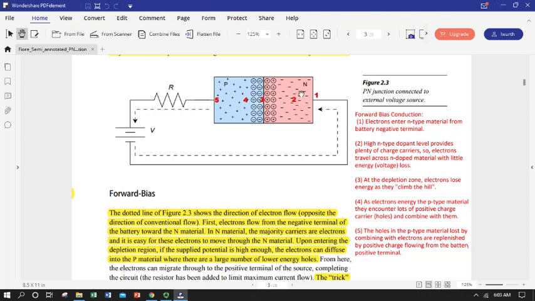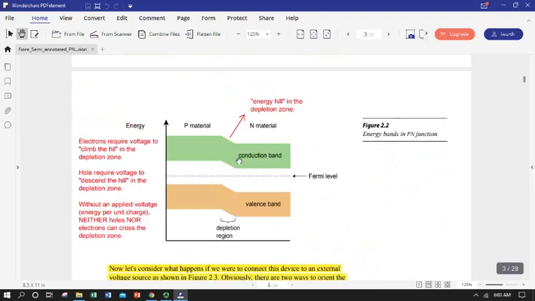There should be very little ohmic drop because there are tons of N-type dopants in the N material, so it's not going to act like a resistor very much. We're not going to lose any voltage just getting across the bulk of the material. But once we hit the depletion zone here, those electrons are going to have to climb the hill. Now they're here.